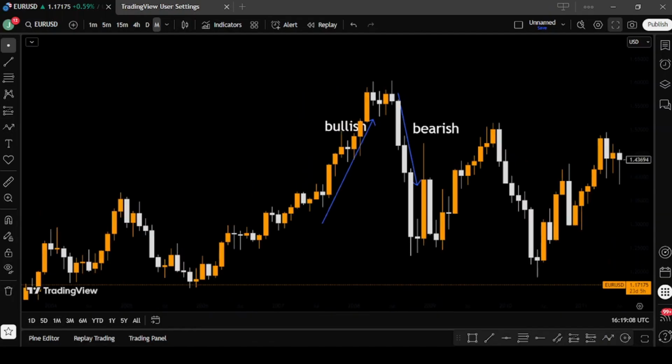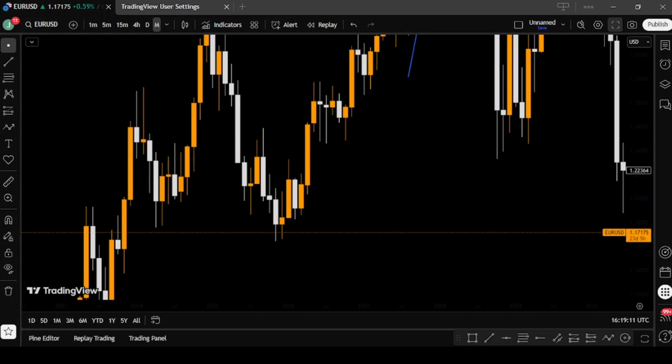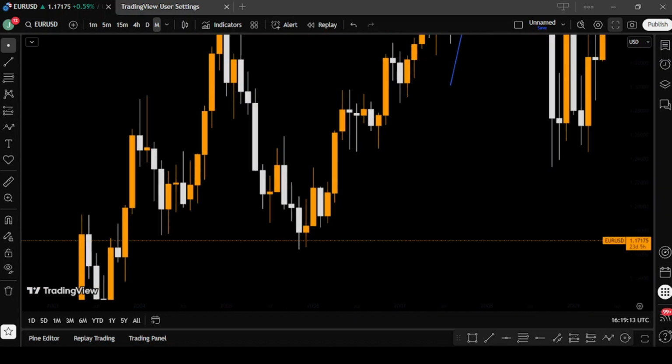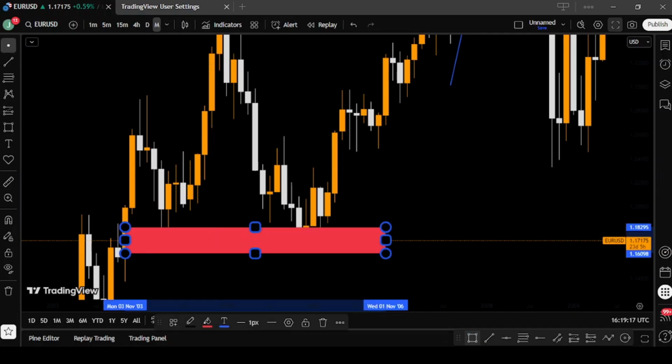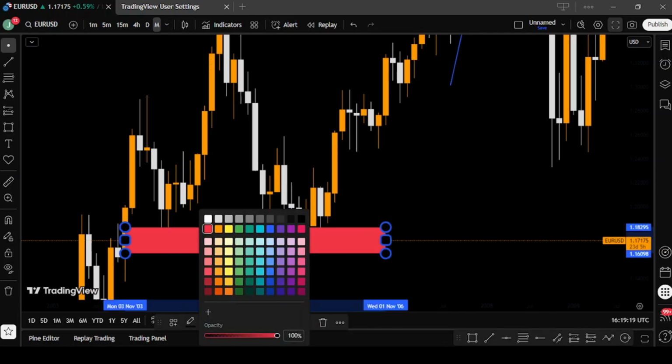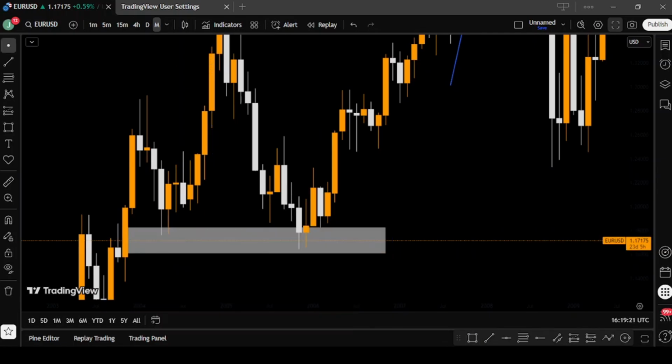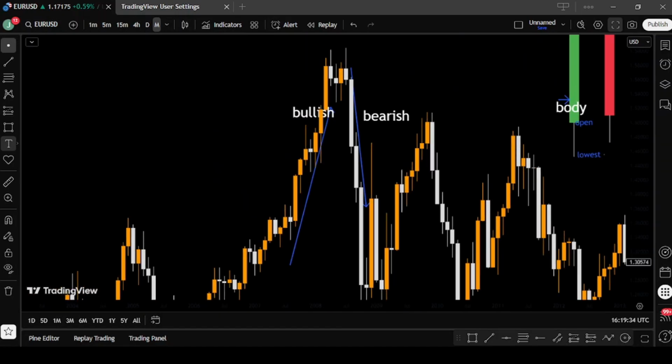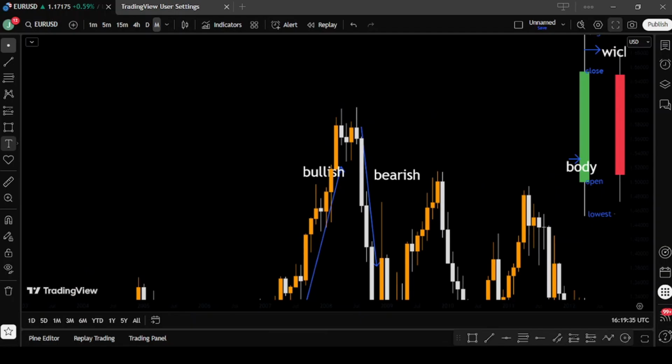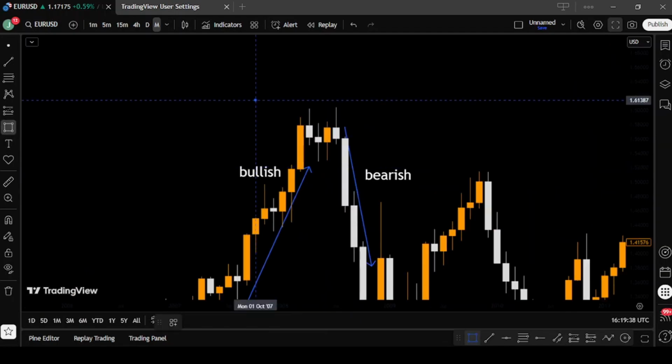Just so simple. So we want to buy at low here. Let me change the color of this. We want to buy here low, and we want to sell high. So this is it here.